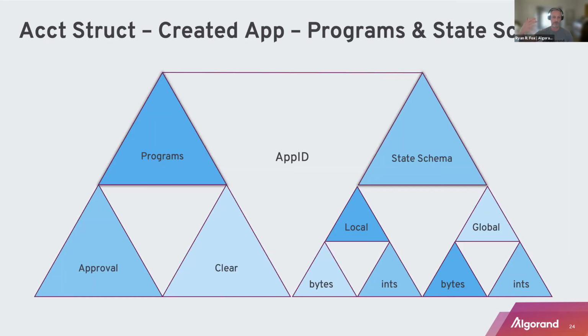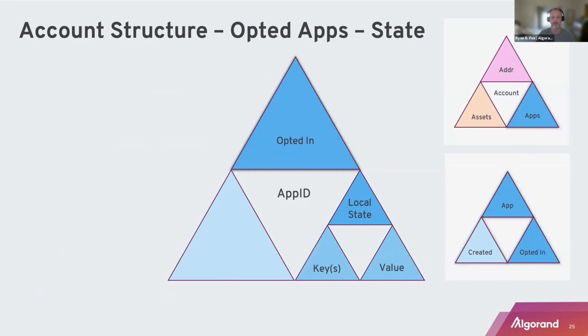So you can store a certain number of bytes or ints for the application itself and within the user space as well. We'll take a look at doing that in our example. All right, so that was on the created side of the applications.